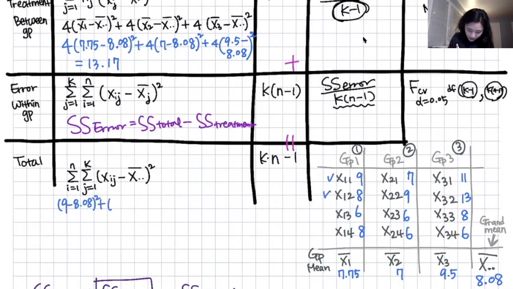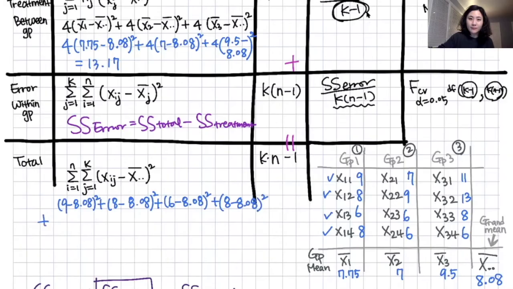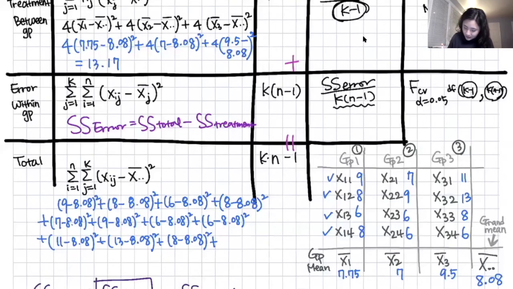The second one is 8 minus 8.08 squared, plus the first group third examinee, 6 minus 8.08 squared, plus the first group fourth test score, 8 minus 8.08 squared, plus, the last one, 6 minus 8.08 squared. If I calculate it, my answer is 52.92.